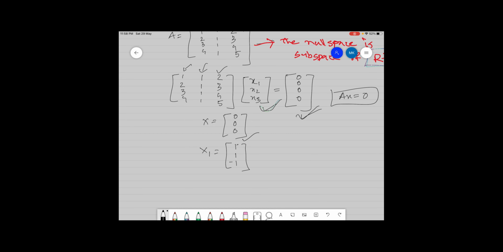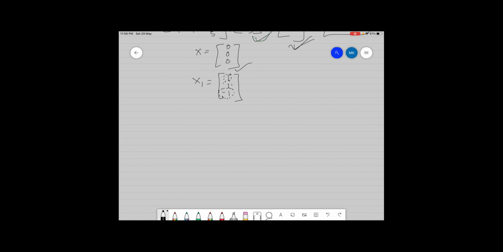So if I add these 2 columns and subtract the third column from it, then I can definitely get a 0. If I write it down, 1 2 3 4 1 1 1 1 and 2 3 4 5, if I multiply with 1 1 and a negative 1, then I will definitely get a 0 here. Alright, so this is one solution.